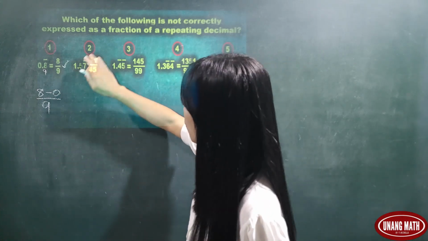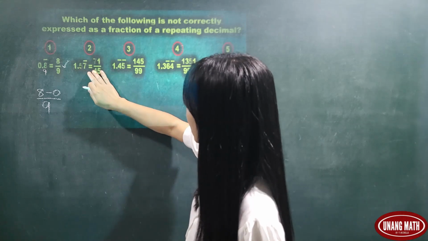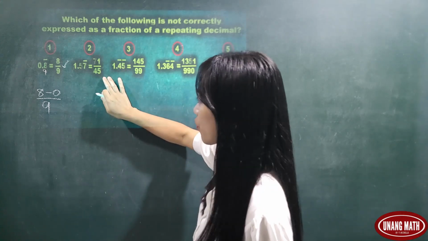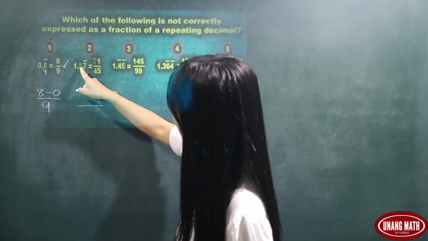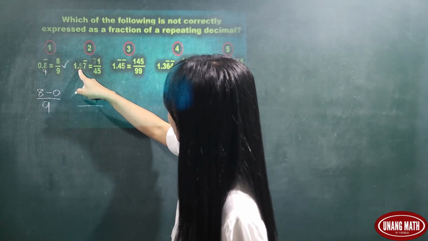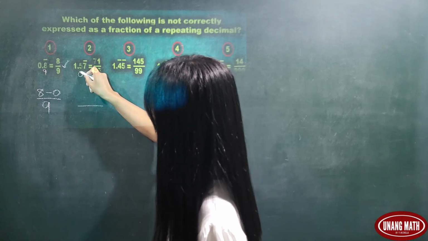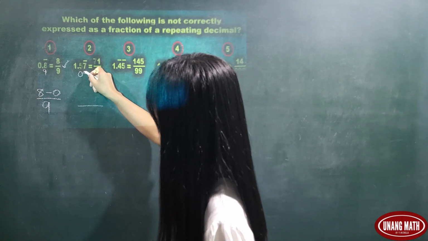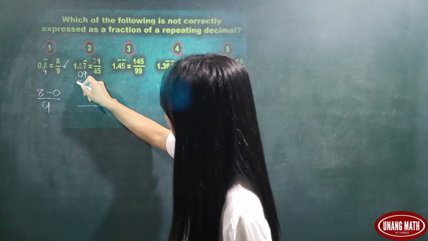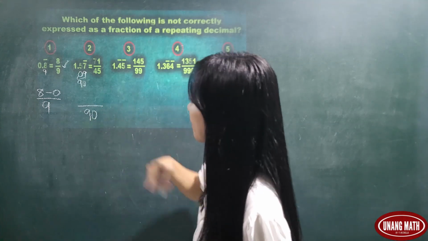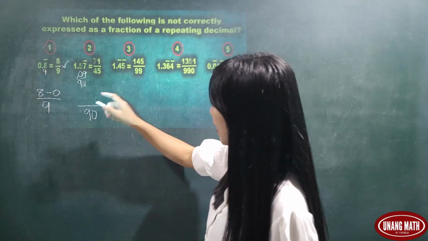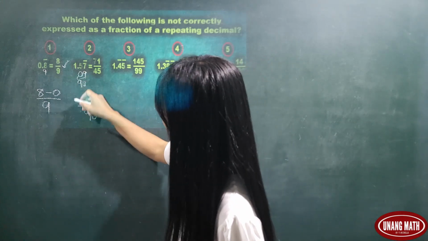How about number 2? 1.57 repeating. Is it equal to 71 over 45? Okay, let's see. Get first the denominator. 5 is not repeating, so this is 0. 7 is repeating, so this is 9. But we have to interchange these numbers. So our denominator is 90. And to get the numerator, get first all the digits.